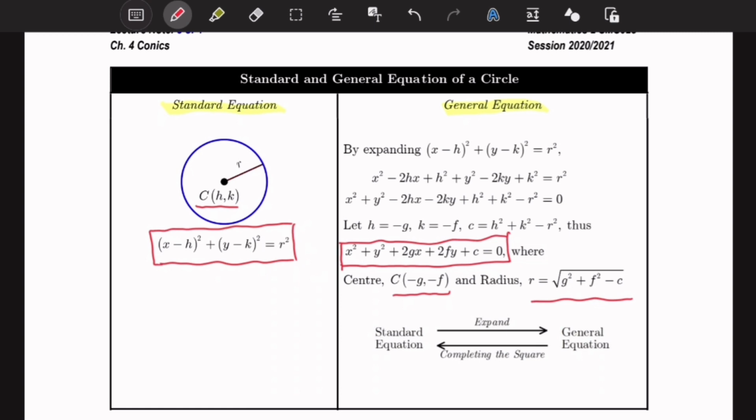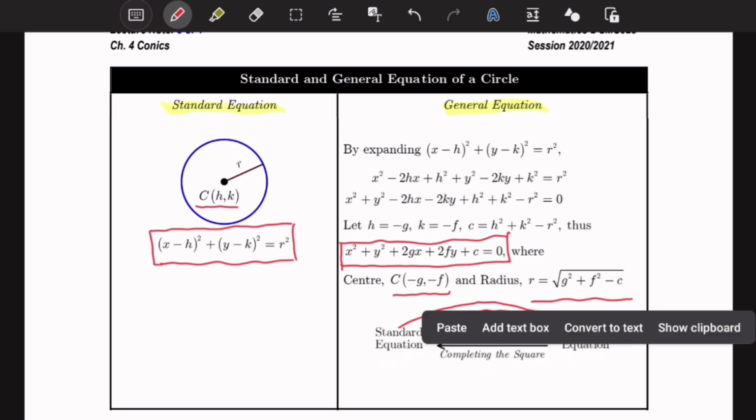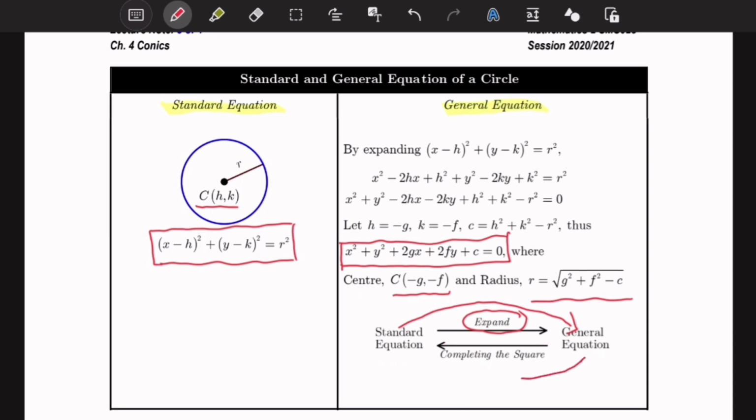So basically, to change the standard equation to the general equation, we just need to expand. And if you have the general equation and wish to convert to the standard equation, you just need to do the completing the square process.